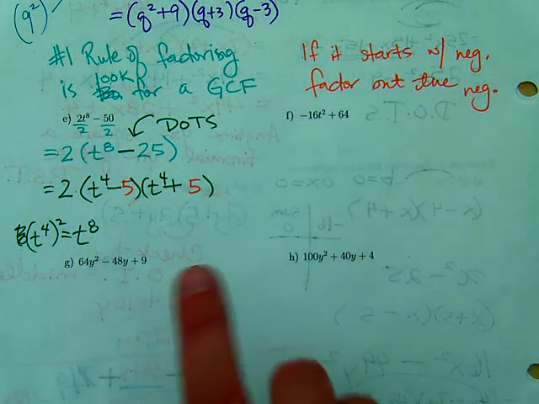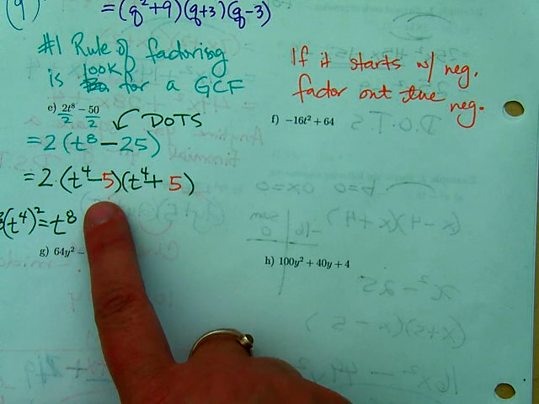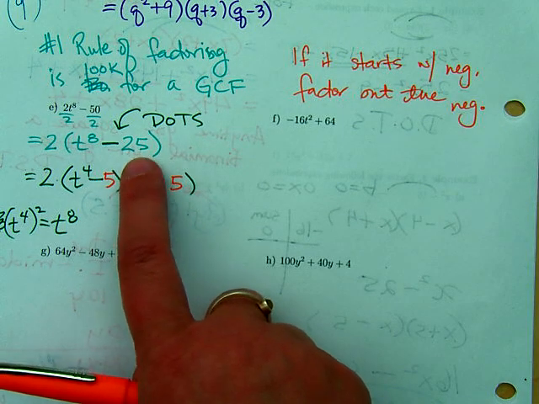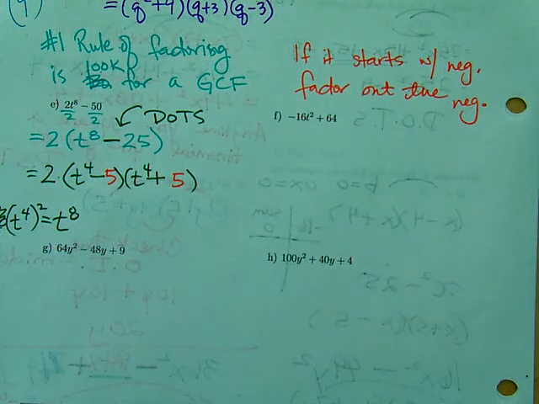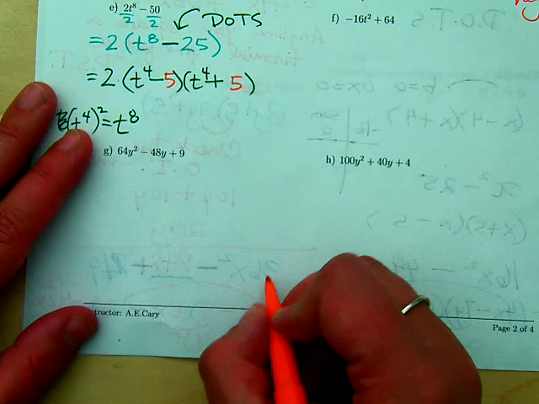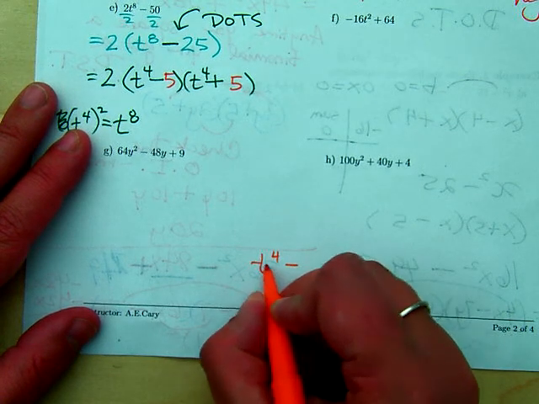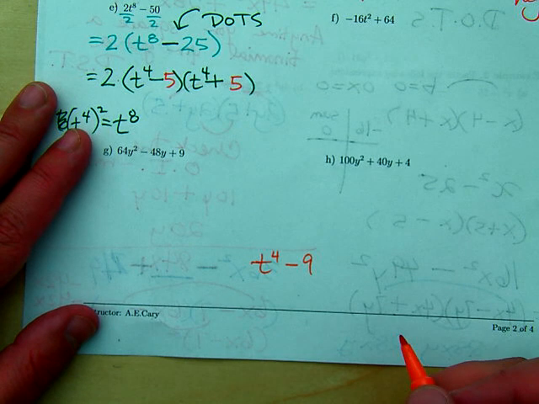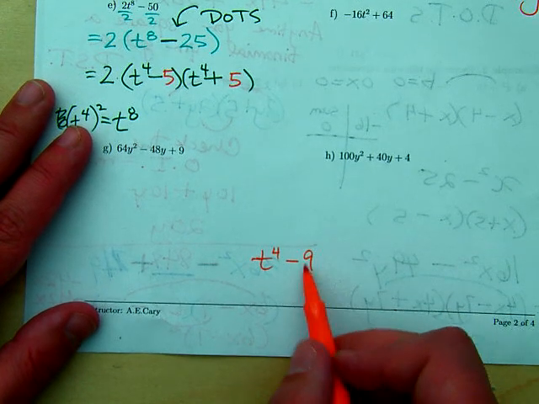Five is not a perfect square for this one. Yes, 25 is a perfect square, but I meant, for instance, that's a really good question. Okay, I'm going to write it down here. I meant if it had been like t to the fourth minus 9. That's a good example. So 9 is a perfect square, right?